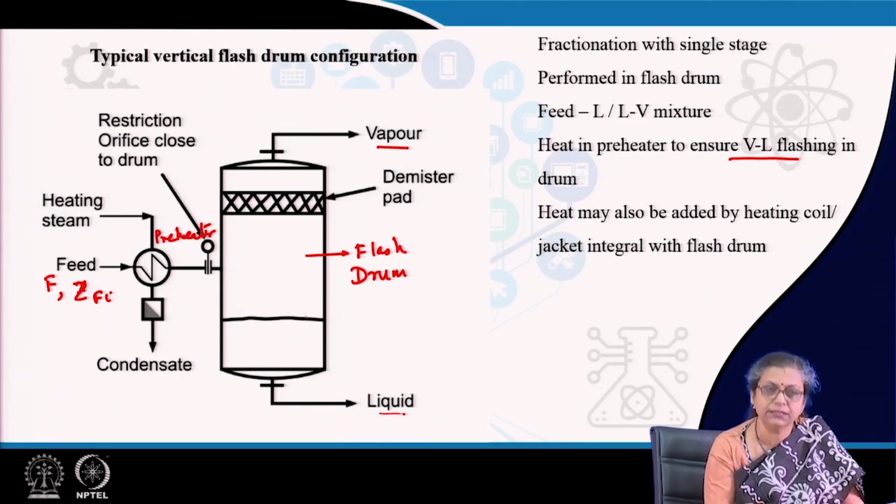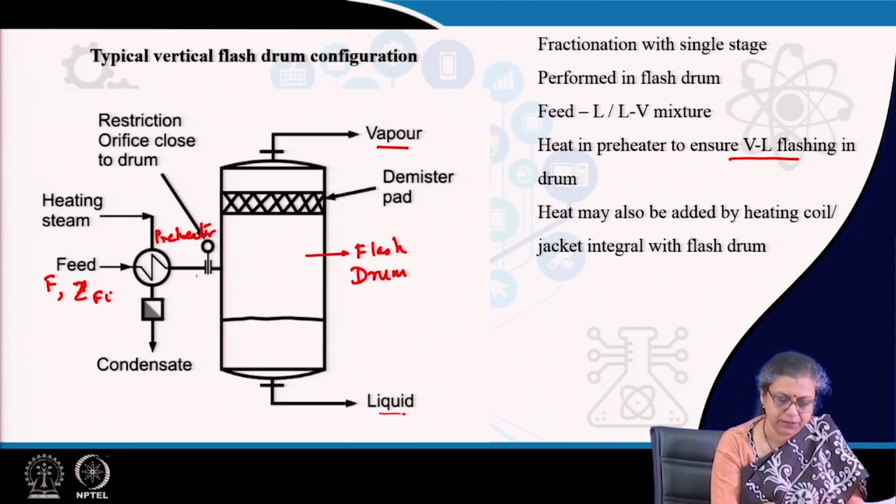Usually for such cases, condensing steam or a condensing fluid is used to provide the heat. But we do it only for very small units, since the heat transfer coefficient is controlled by the liquid inside the drum. So it is less, and the heat transfer is not so efficient. So, usually we prefer the preheater.